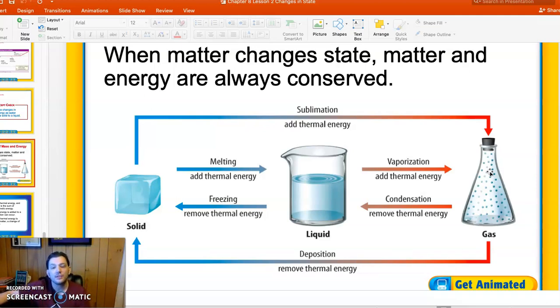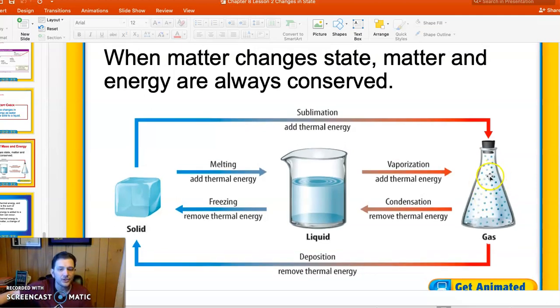Now let's go backwards. If we take away thermal energy, or take away heat, from the gas, it turns back into a liquid form, okay? And then if you continue to take away thermal energy, that liquid will go through the freezing process and turn back into a solid. Now, remember, we also talked about some special cases, like dry ice, where it goes from a solid right into a gas.